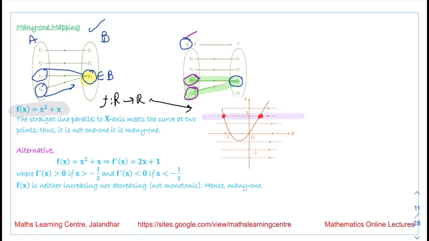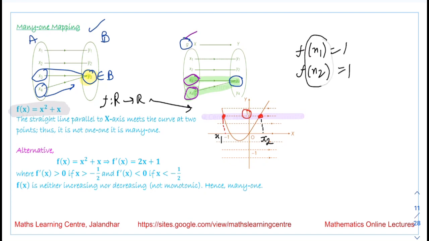So what this means is that if we are talking about the value 1, the inverse image of 1 has 2 points. Say x1 and x2 on the x-axis. So we are saying f of x1 is equal to 1 and f of x2 is equal to 1.